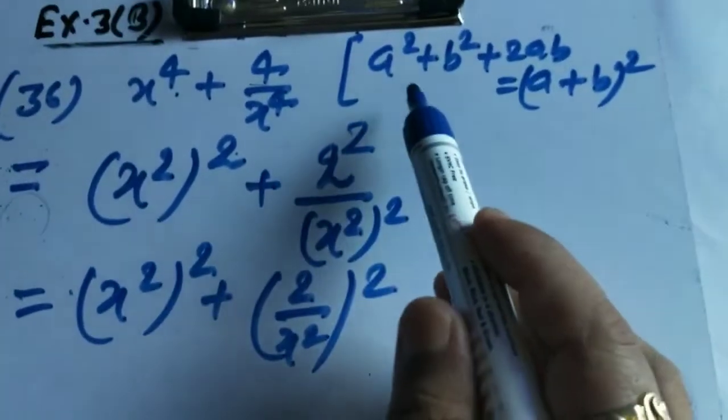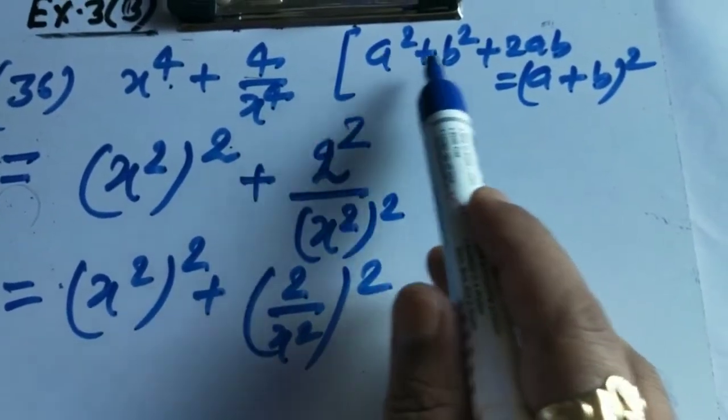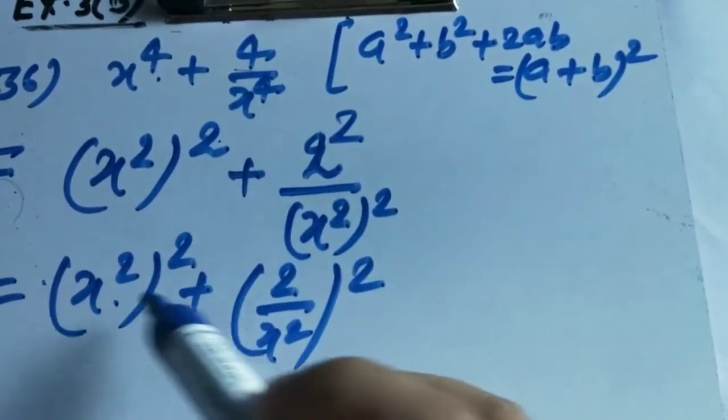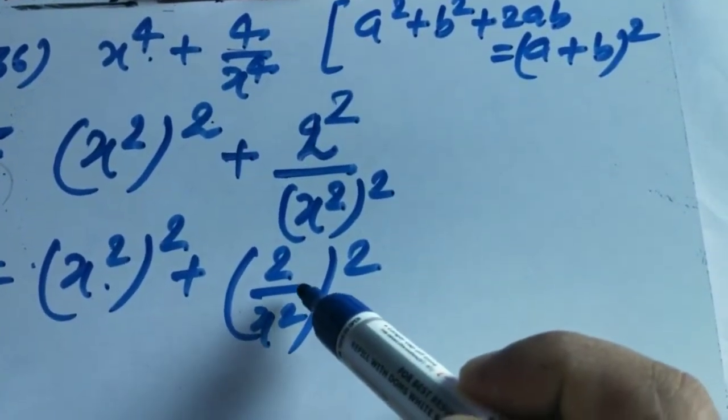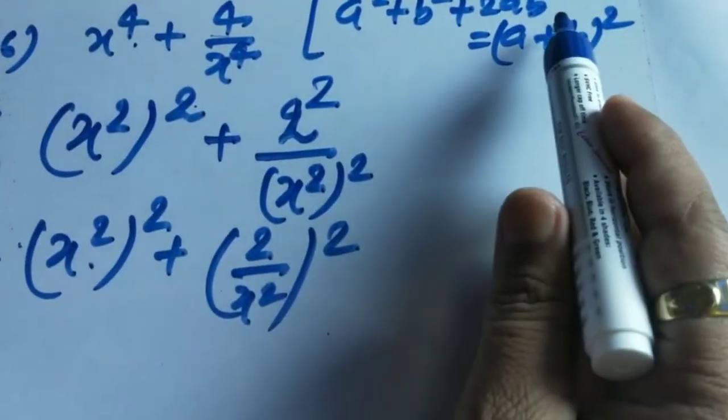Now you can see one identity is here, a square plus b square. So a square plus b square we already have here, and plus 2ab is needed.